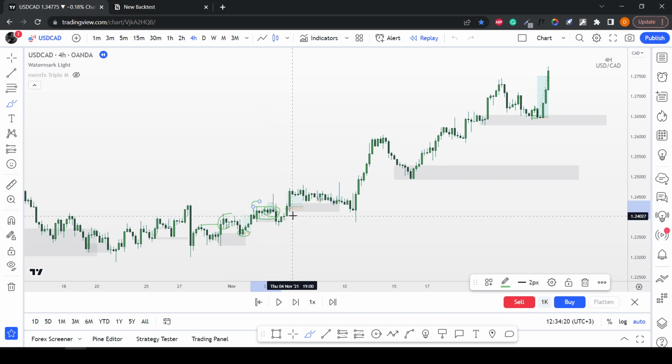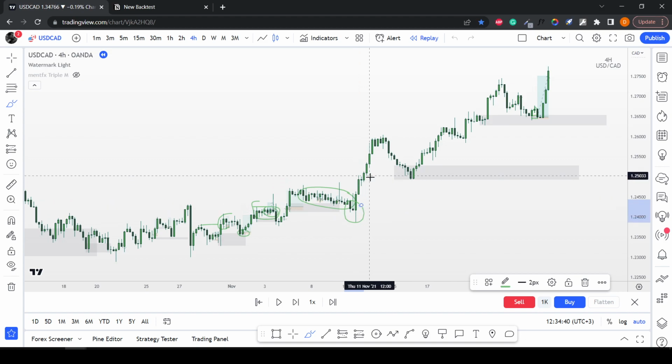This one is okay, and then we took several attempts during the pullback, which is really rangy, a really messy pullback.